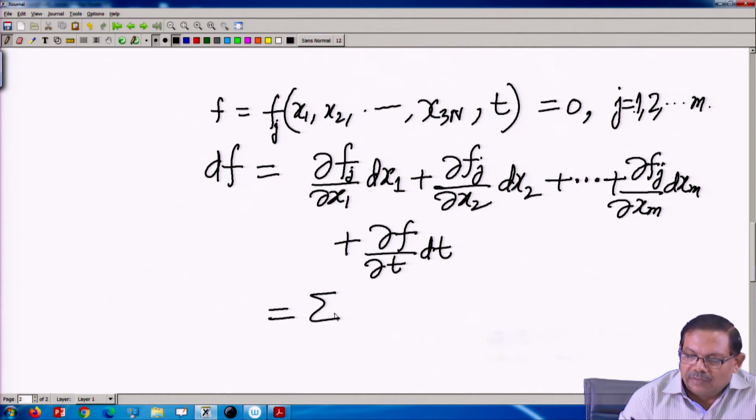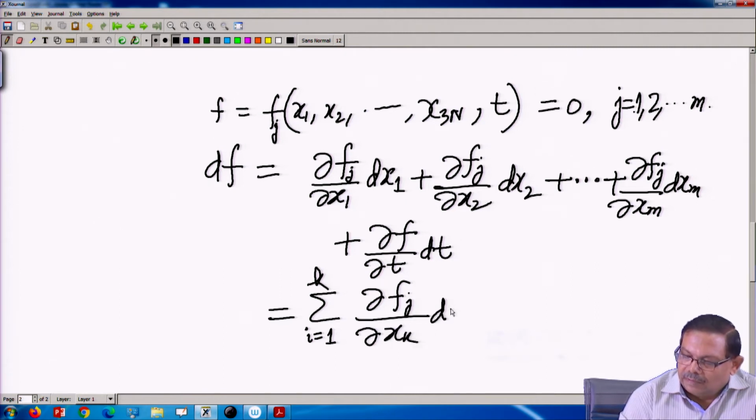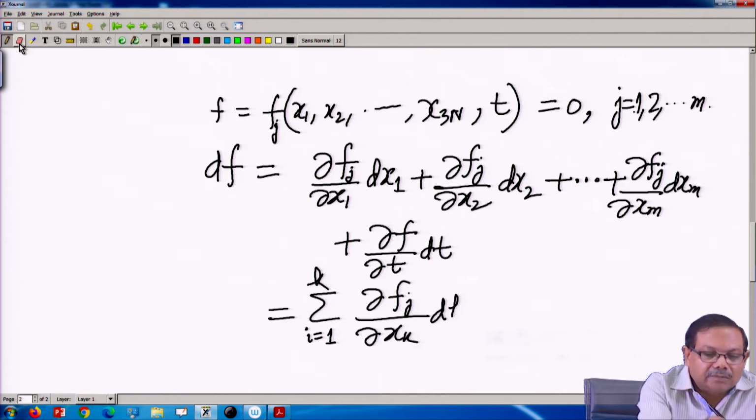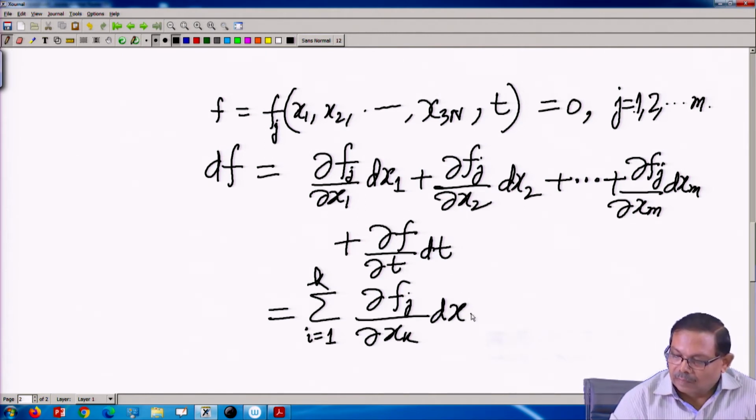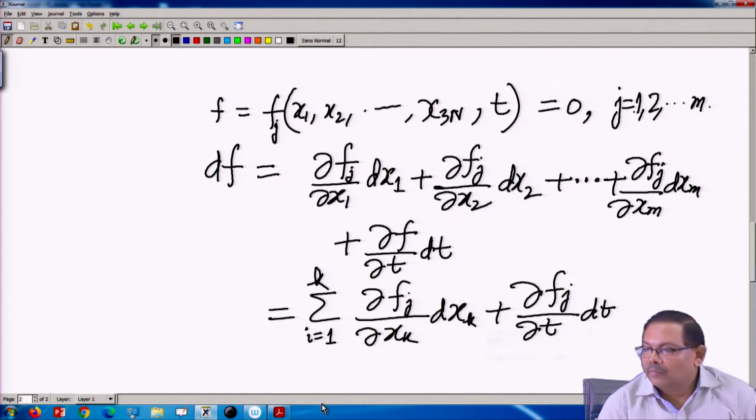In combined notation, I can write this as the sum over k from 1 to K of ∂f_j/∂x_k dx_k plus ∂f_j/∂t dt. That is what we will get.